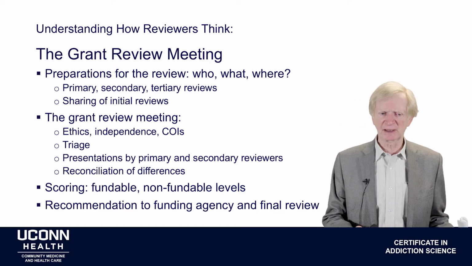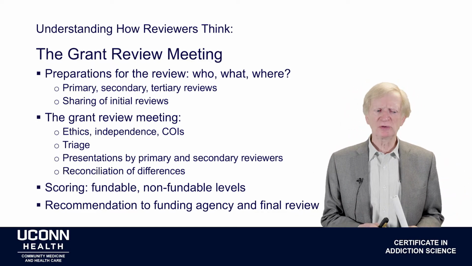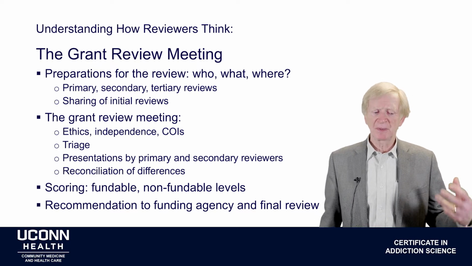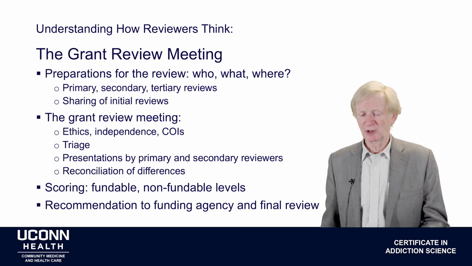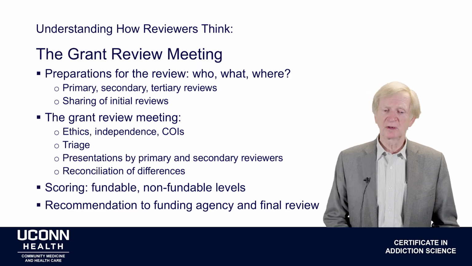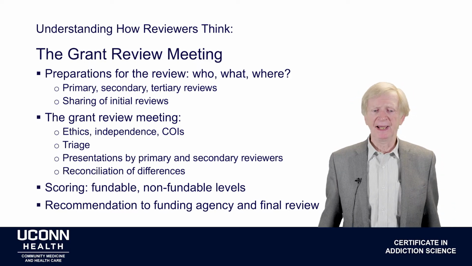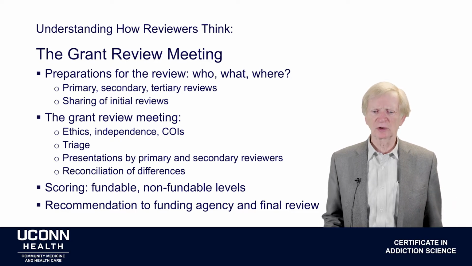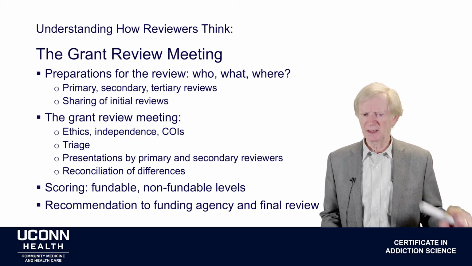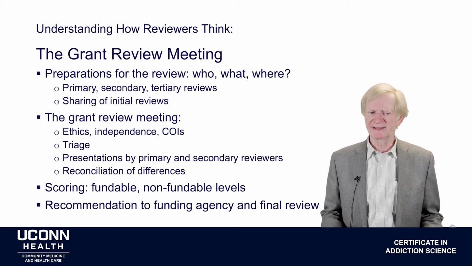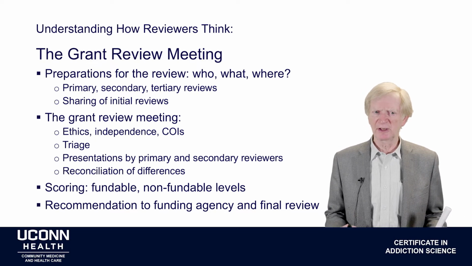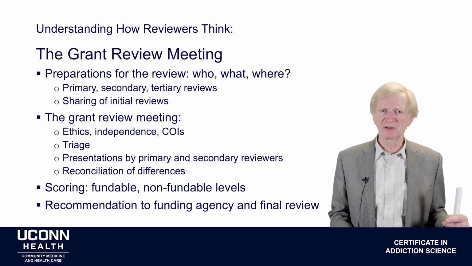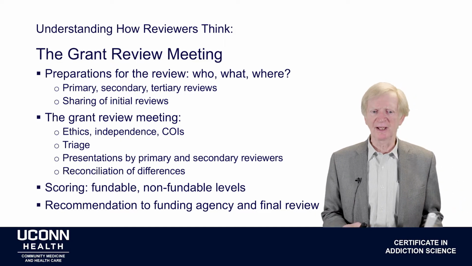They can't reject it. What they do is often vote to kill it by having a priority score that's below the funding level. And again, what you need to be able to do in your grant is get the primary and secondary reviewers to get really passionate and excited about the grant.